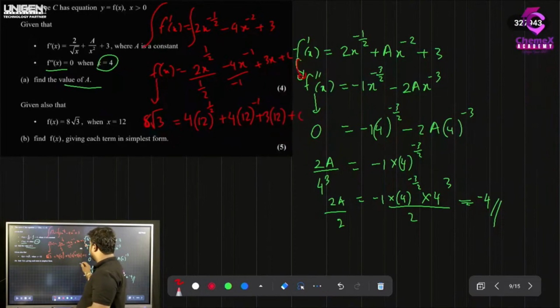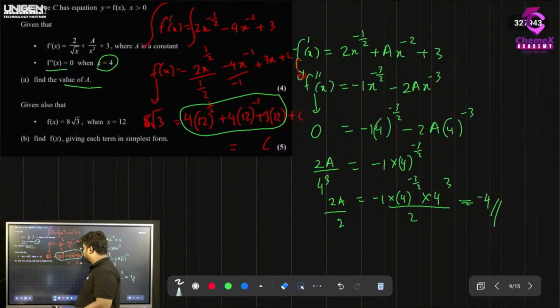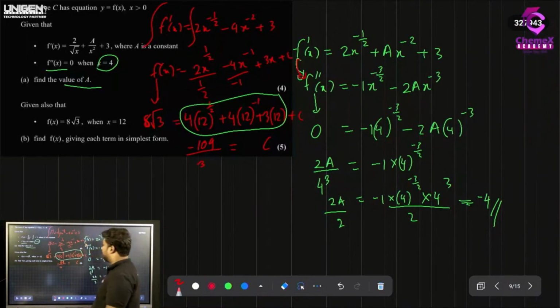So what is the c value? You just get this whole answer, take it to the other side as subtraction, and then subtract it from 8 root 2. What do you get there? Minus 109 over 3. Still it's not the final answer.